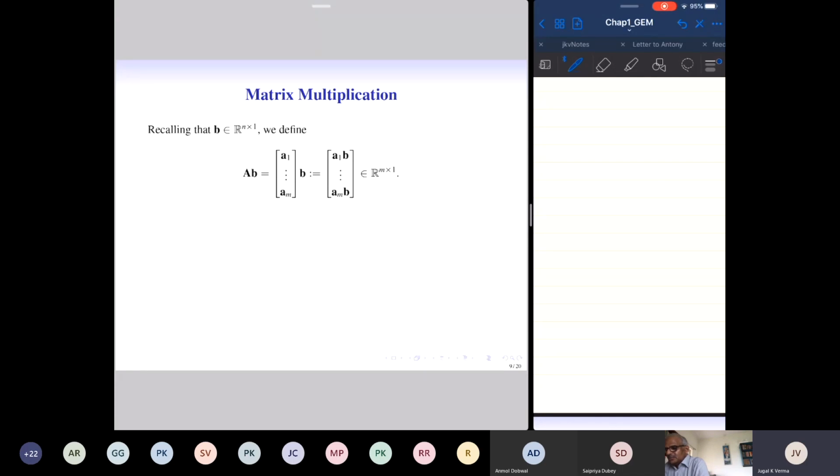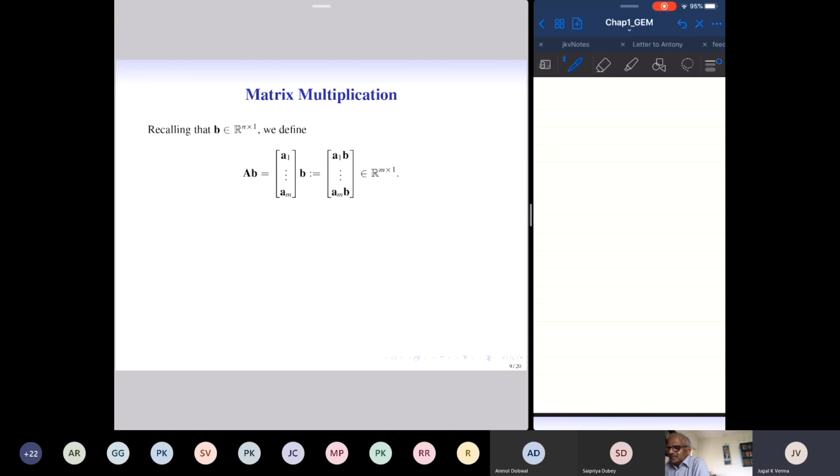M-dimensional space consists of all the column vectors of length m, or m components. A times B is also varying over the vectors in that space. So the input is B, and the output is in the m-dimensional space.